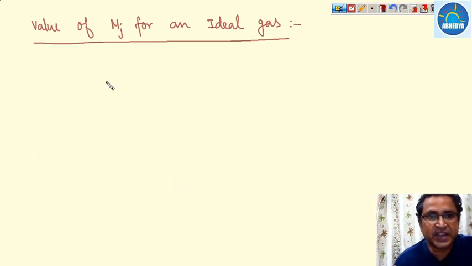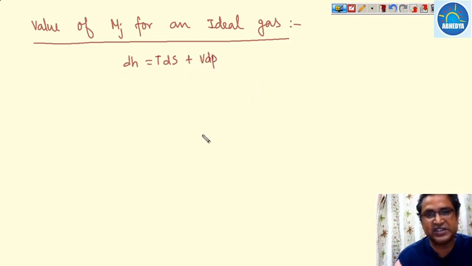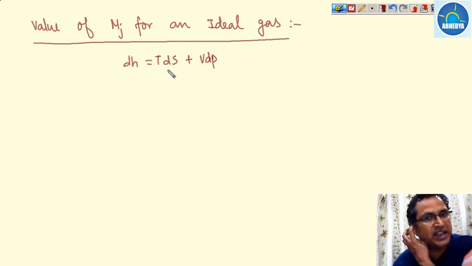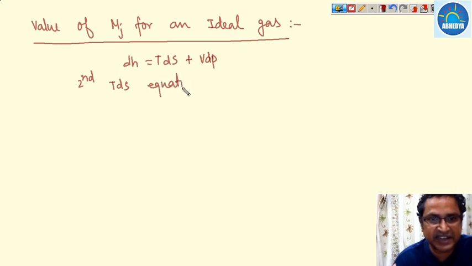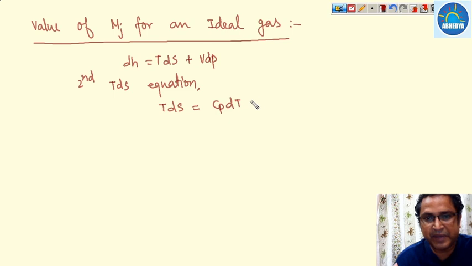As we know, dH is equal to TdS plus VdP through Maxwell's equations, which is the property relation between enthalpy and entropy. And we know the second TdS equation: TdS is equal to Cp dT minus T times del V over del T at constant pressure dP.